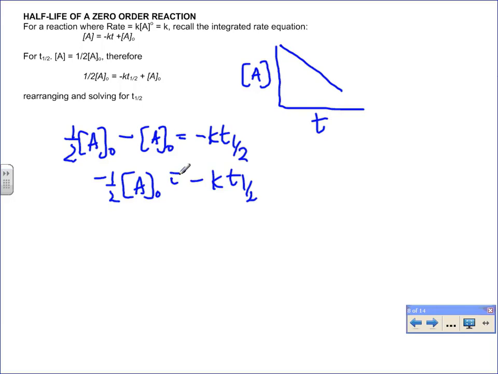To isolate t, I'm going to divide by negative k. So what I have is t half is equal to A naught over 2k. So if you know you've got a zero order reaction, you know that the half-life is equal to the initial concentration divided by 2k. In this case, the half-life depends on the initial concentration.